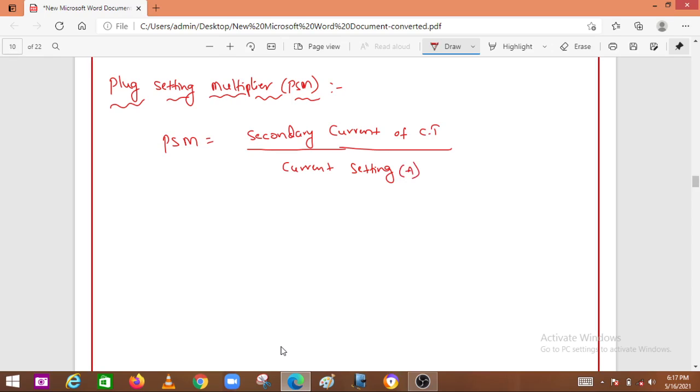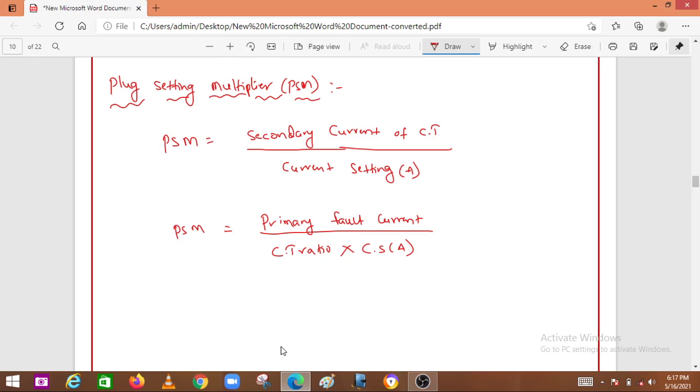Plug setting multiplier is nothing but secondary current of CT divided by current setting, or it can also be defined as PSM is equal to primary fault current divided by CT ratio into current setting in terms of amperes.